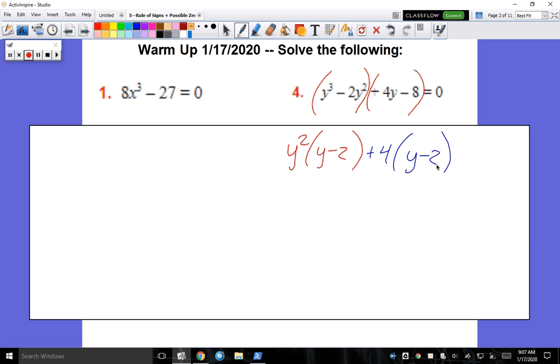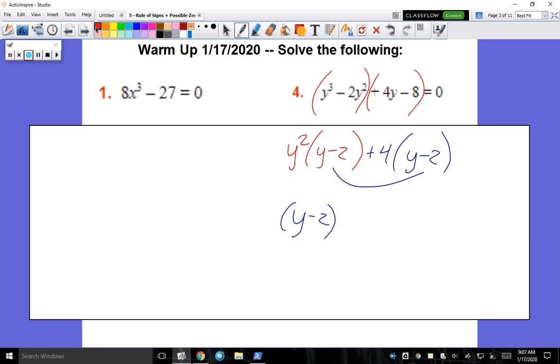And I'd get y minus 2. Notice the pair is one of your factors. If those pairs are not equal, and they're not the same thing, either you did something wrong or you can't factor it using that method. Okay? And you might have to try something different, which is what we're going to learn today.